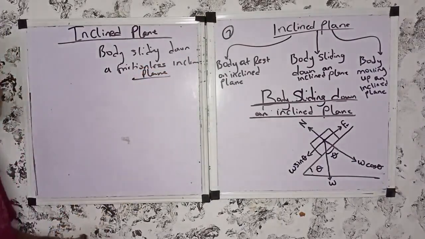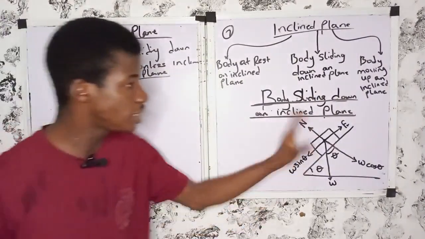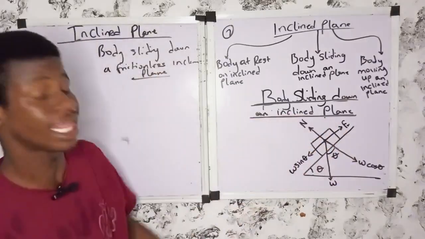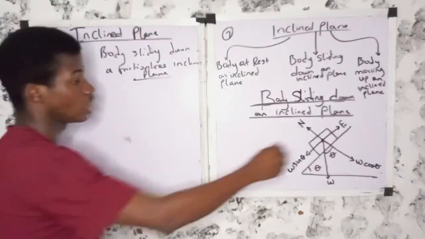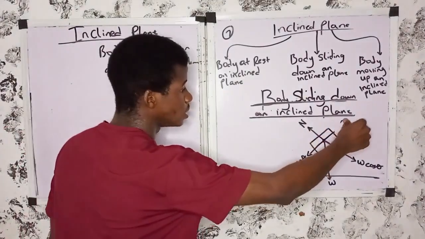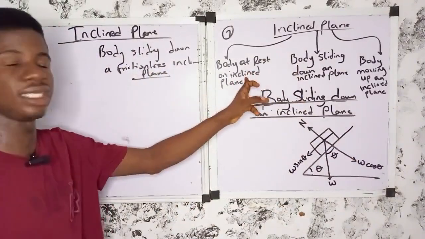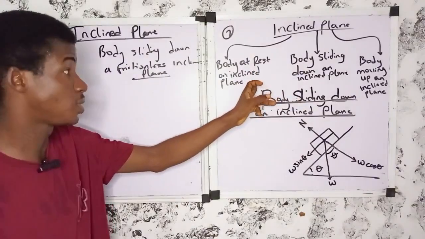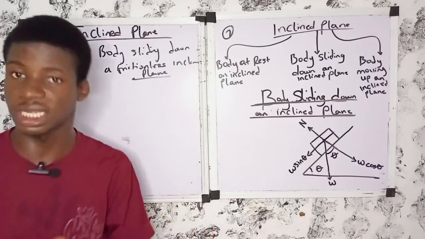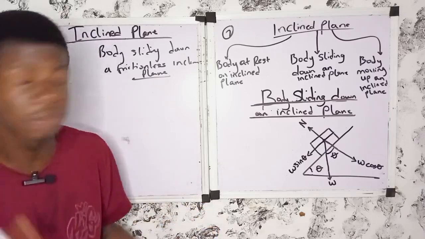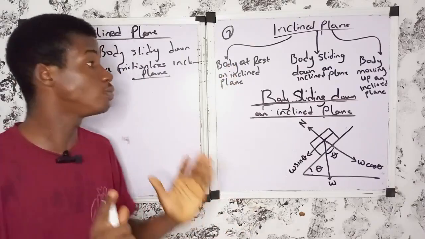Since they said frictionless, we'll remove what? We'll remove this one. Now the difference between this and this is that when the body is at rest on an inclined plane, the friction acting on that body was static friction, right? And apart from that, the body was at rest, that is, acceleration is zero, so it's not moving.